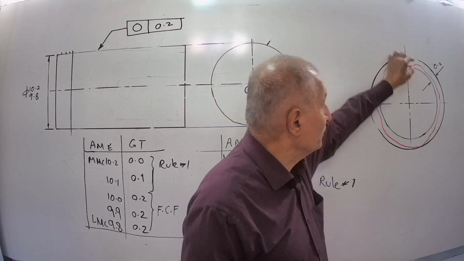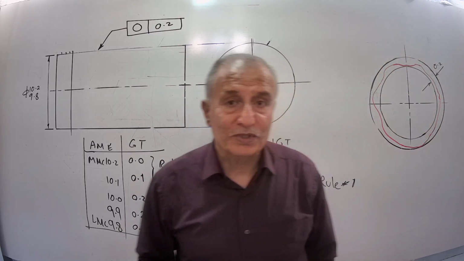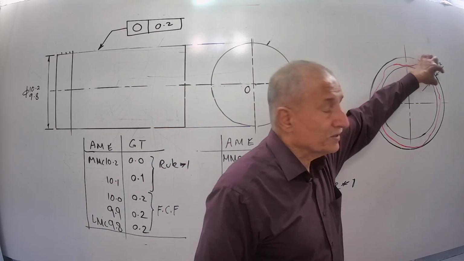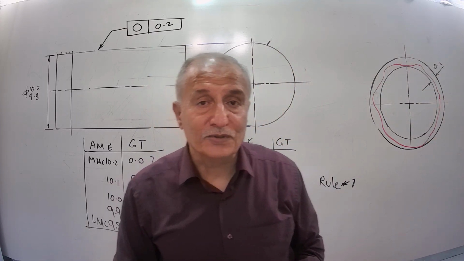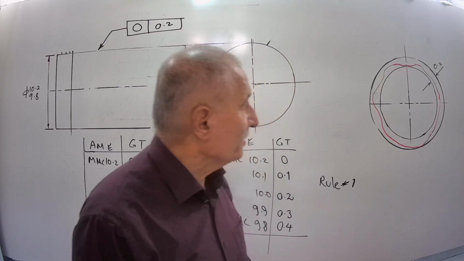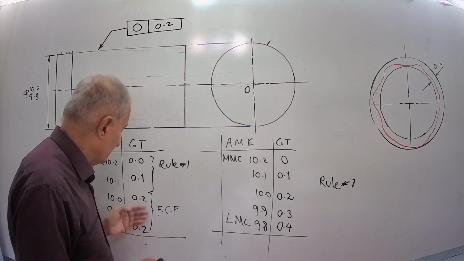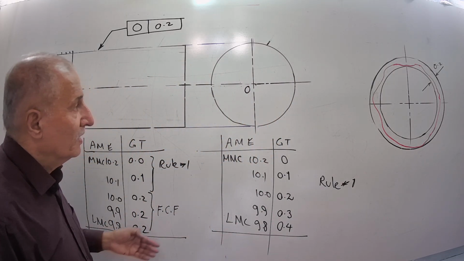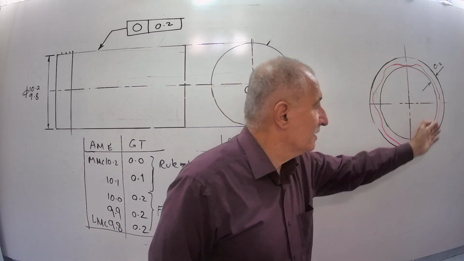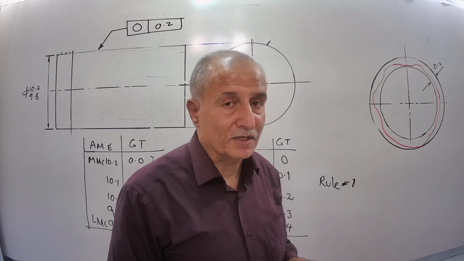This space between these 2 perfect circles is called the zone space, and the radial distance between these 2 circles is called the zone size. Then the zone size here is 0.2, for example, for these cases, and the zone space is the area between these 2 circles.